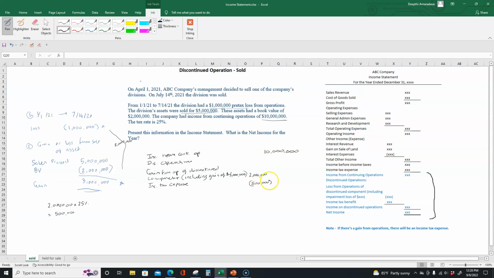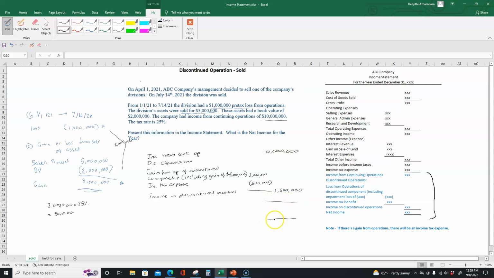Remember, expenses are subtracted from the gain, and then you extend out your income on discontinued operations to be equal to 1,500,000. Sorry, it's slightly out of line, but that's supposed to be income on discontinued operations of 1,500,000.